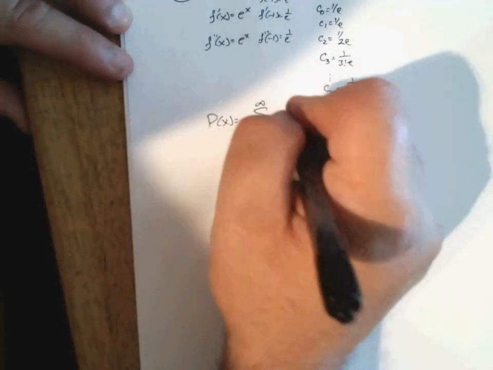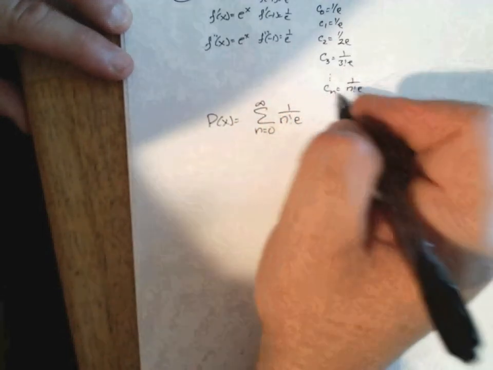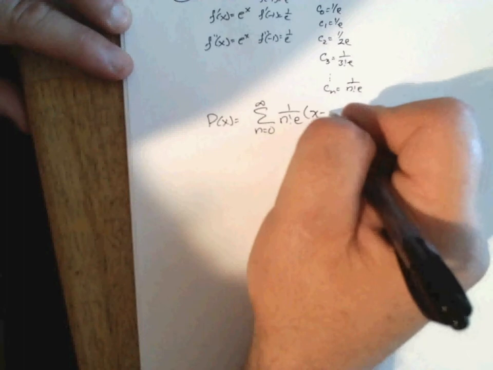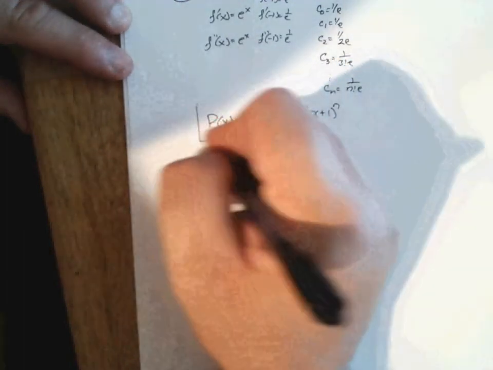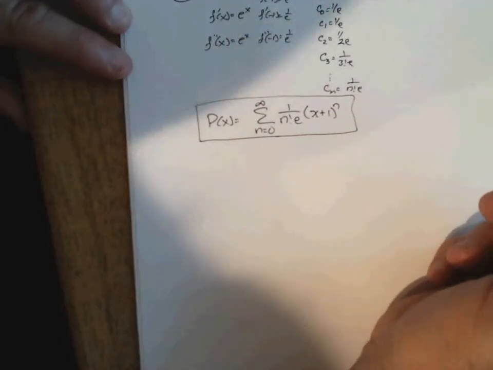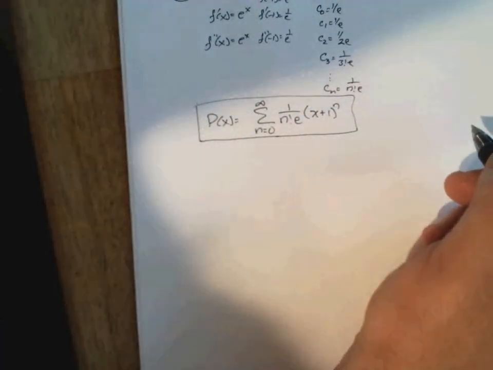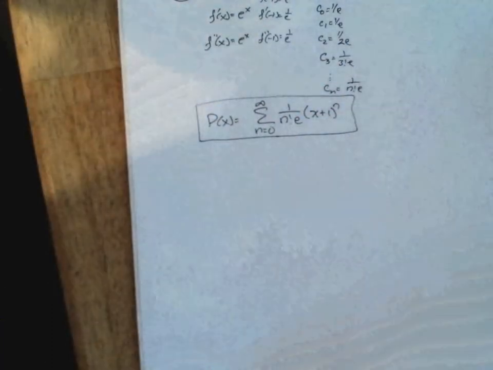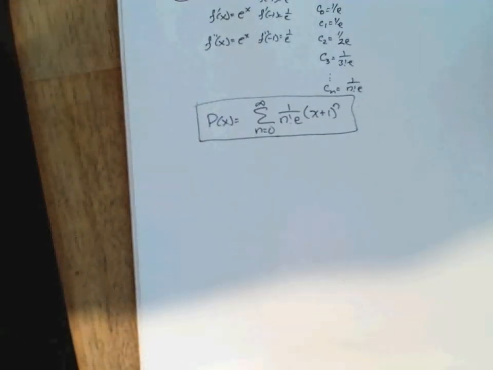And so now you have your formula for the coefficients. And there is your infinite power series. That wasn't so bad. That was a very nice and easy one.